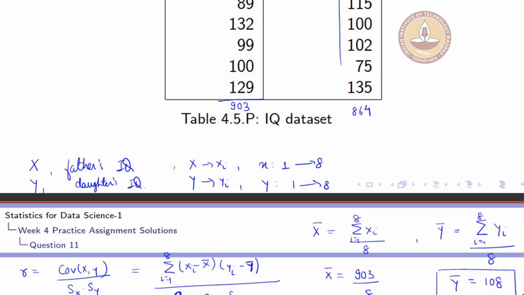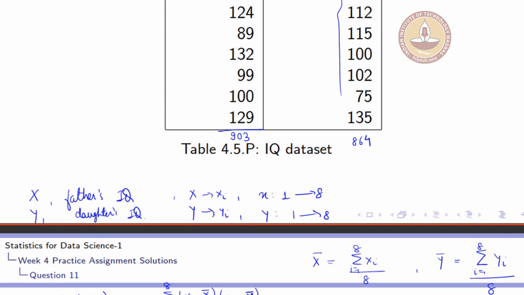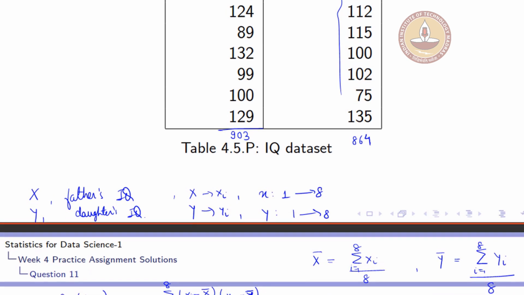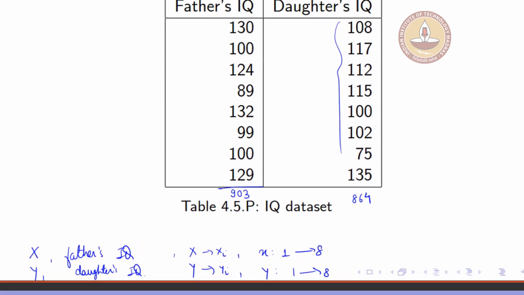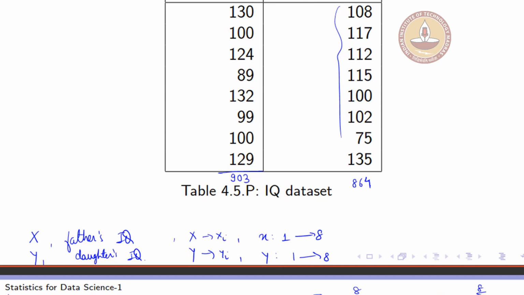Now, in order to find the standard deviation, we need to find the deviation of the father's IQ from the mean IQ and the deviation of the daughter's IQ from their mean IQ. So x bar is 112.875 and y bar is equal to 108. This is your x. Let's calculate the deviation.